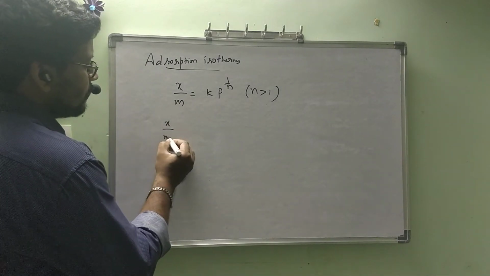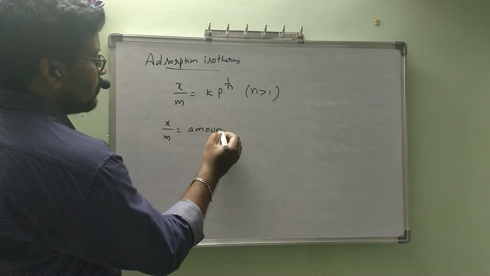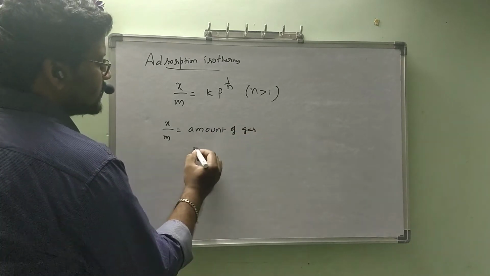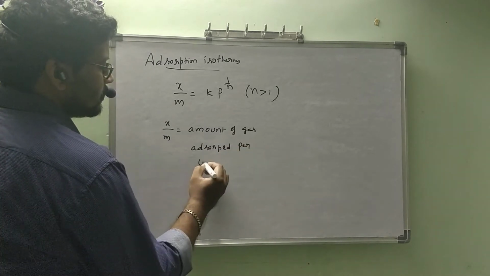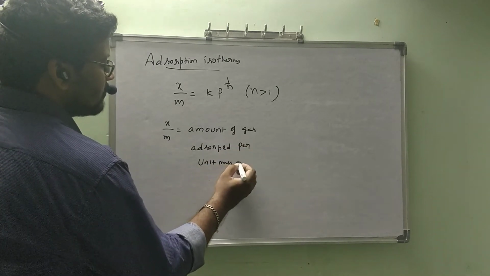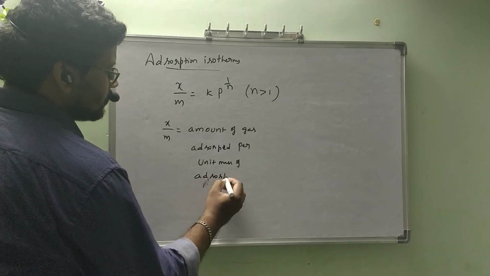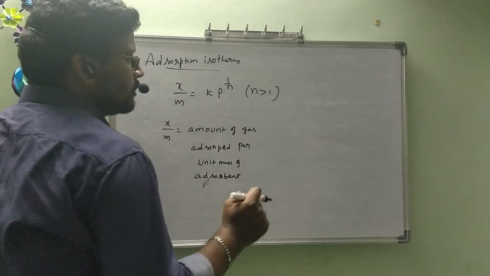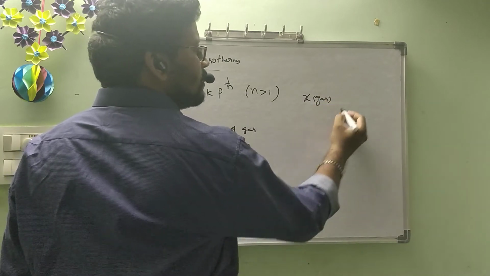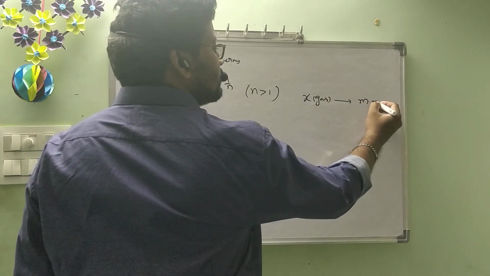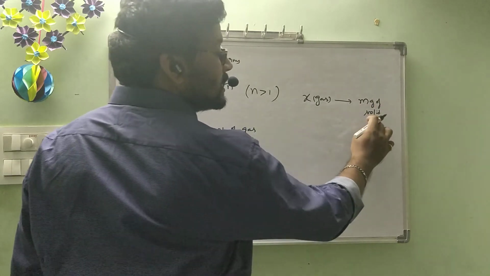x by m is equal to amount of gas adsorbed per unit mass of adsorbent. See, x amount of gas adsorbed on m grams of solid, that means adsorbent.